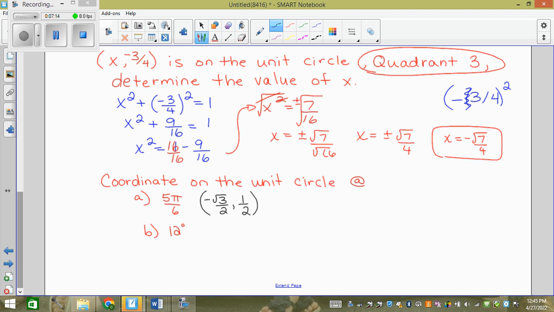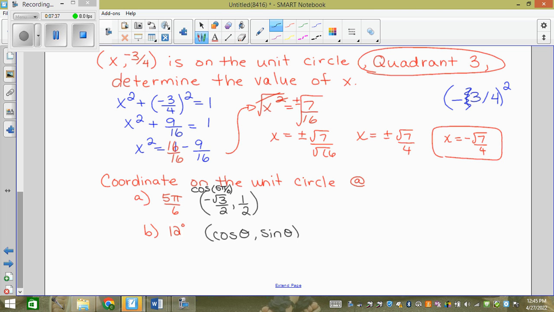12 degrees pops up, weird random angles pop up on diplomas all the time. And so you guys will stand and you'll look at the unit circle and then you get mad because it's not there and then you don't know what to do. But remember we talked about Calgary Stampede and we talked about that the unit circle is always cos theta, sine theta. And we talked about how we could find them on this one. This one is cos 5 pi over 6.